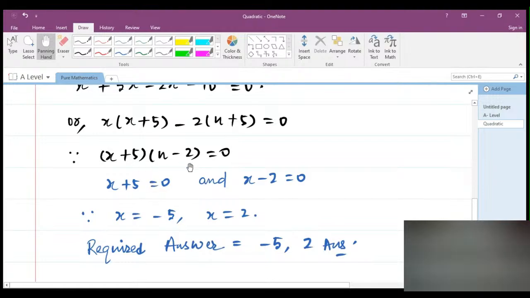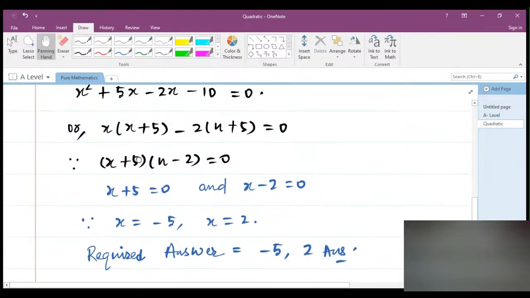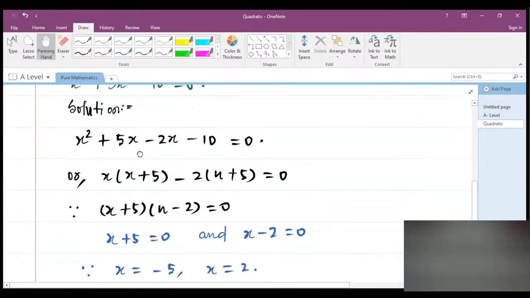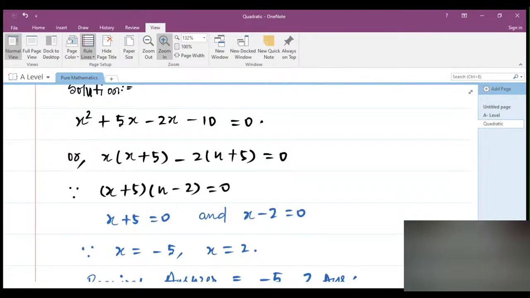Now we equate each factor to 0, then we get x plus 5 equal to 0 and x minus 2 equal to 0. Therefore x equal to minus 5 and x equal to 2. So the required answer here will be minus 5 and 2. Hope that there is no problem to understand the solution of this question.